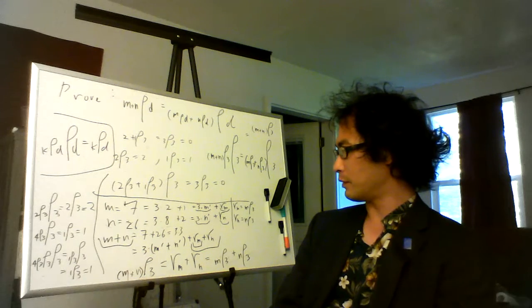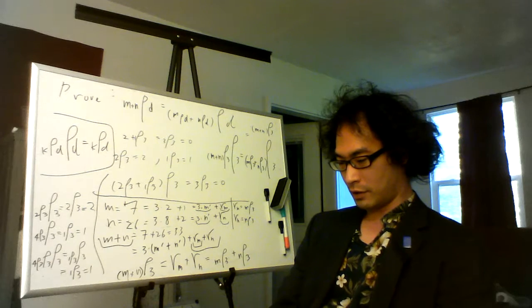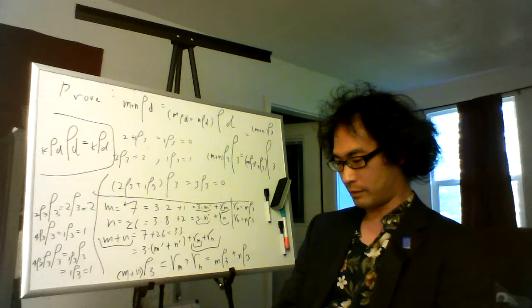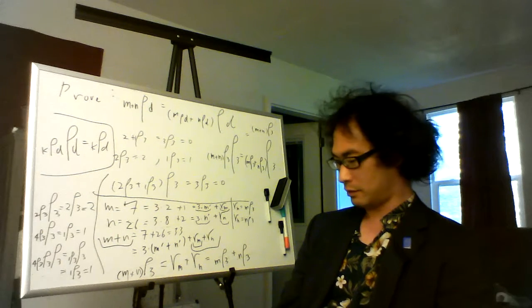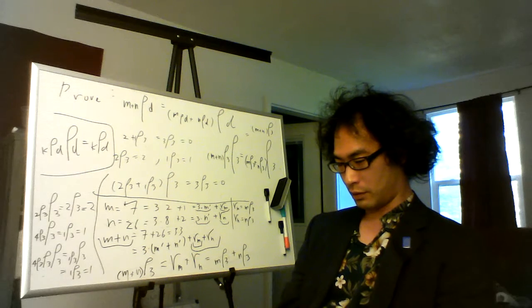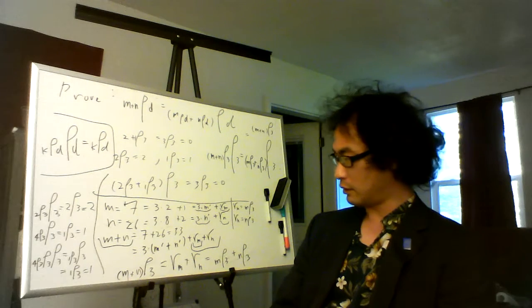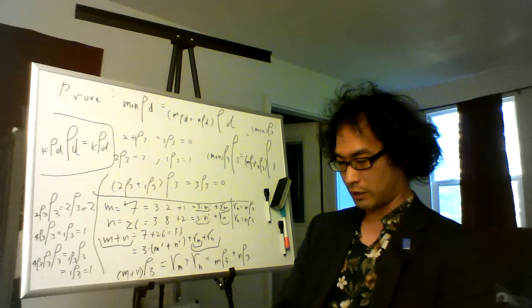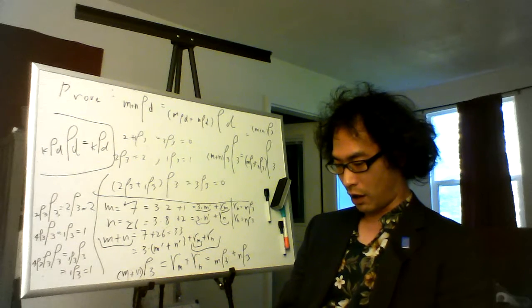So m is equal to 3 times m prime plus r_m, and that means r_m is equal to m rho d. n is equal to 3 times n prime plus r_n, and r_n is n rho d.